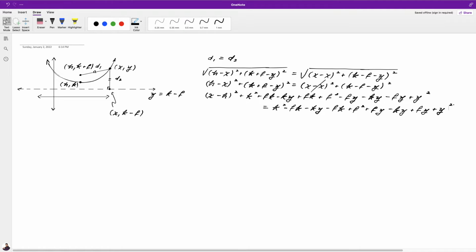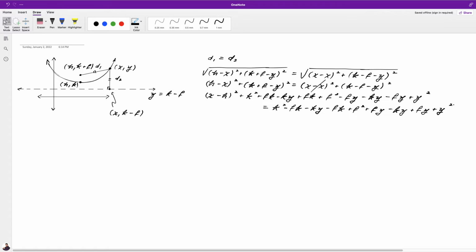Let's quickly examine our work, make sure we haven't committed any careless mistakes here. Left-hand side looks good. And then the right-hand side, that's almost done. Also looks good.